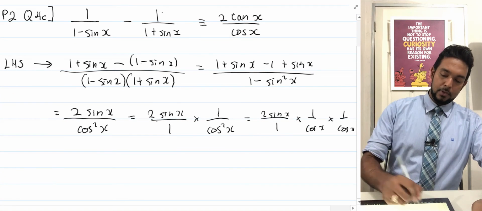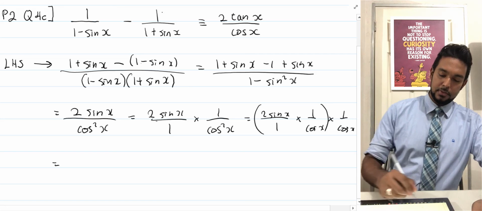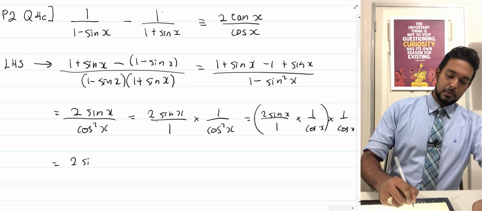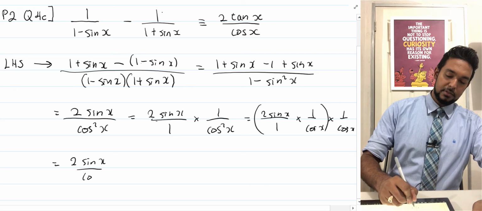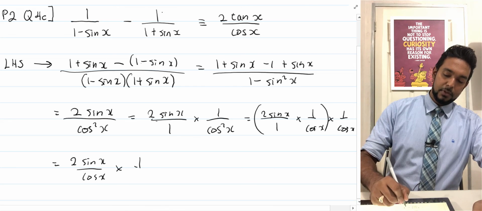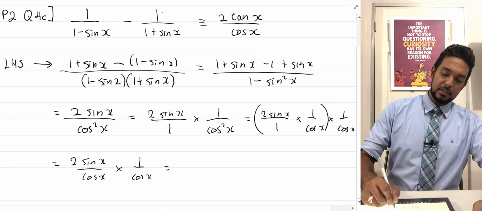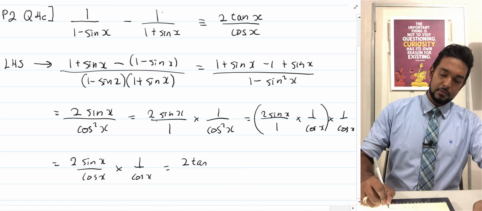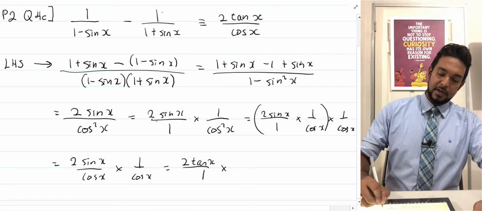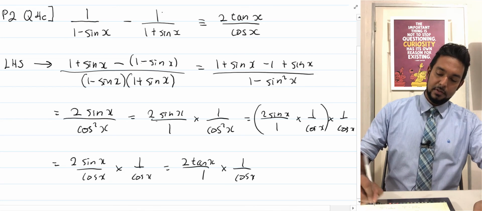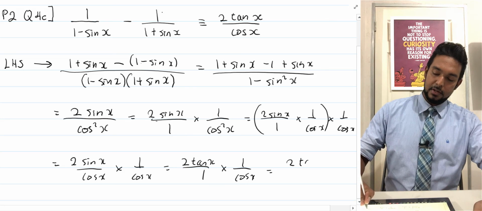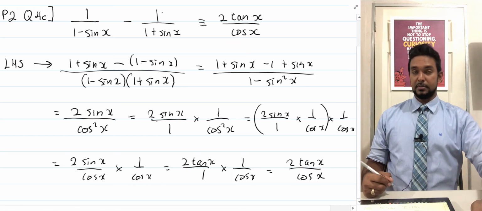And we could combine these two to get what? 2 sine x over cos x, which will give us what? 2 tan x. And then finally, we get the last part here, 2 tan x over cos x.